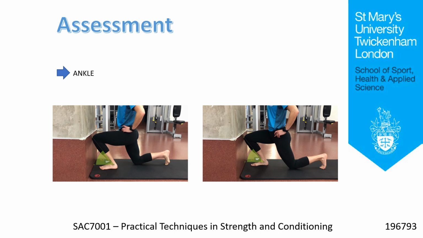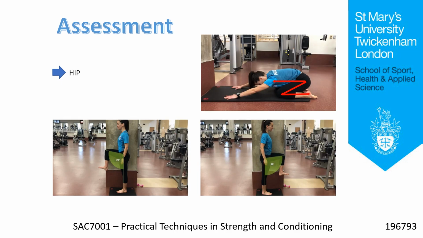To understand that this is a skill issue and not a capacity issue, we evaluated ankle mobility, which had no issue whatsoever in both ankles, and the same when assessing the hip with a standing active hip flexion and a passive rockover flexion, where she's able to reach and have enough movement in her hip.